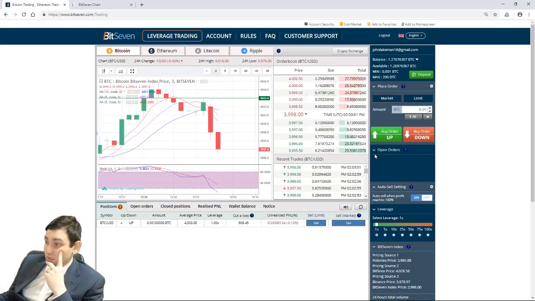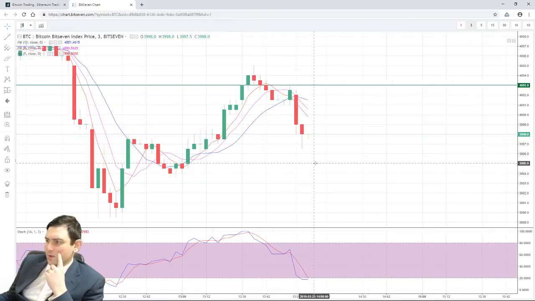So it wouldn't even hit cut loss on the 100x, because it's like 0.87%.